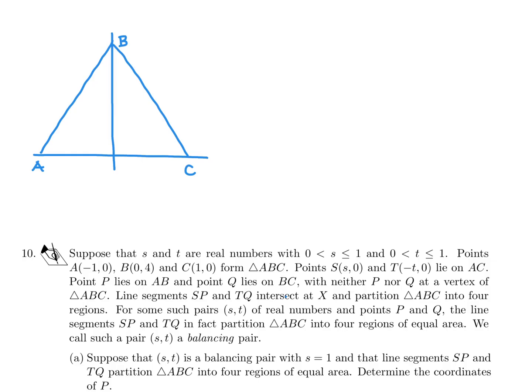So C is 1, 0. A is negative 1, 0. And B was 0, 4.